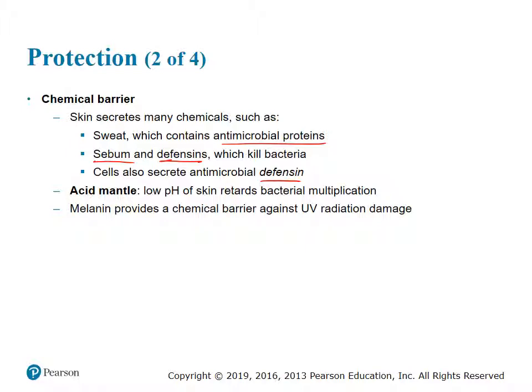Now, these secretions on the surface of the skin is what we call an acid mantle, like a mantle on a fireplace, right? It's a covering, it's a shelf, if you will. And that has to do with the pH, because the skin has a very low pH. Okay, so this is a pH scale, right?